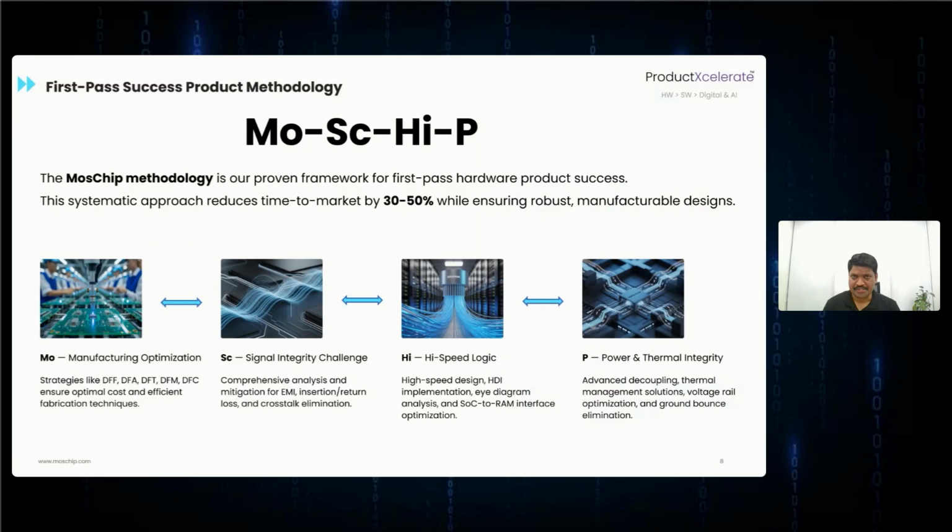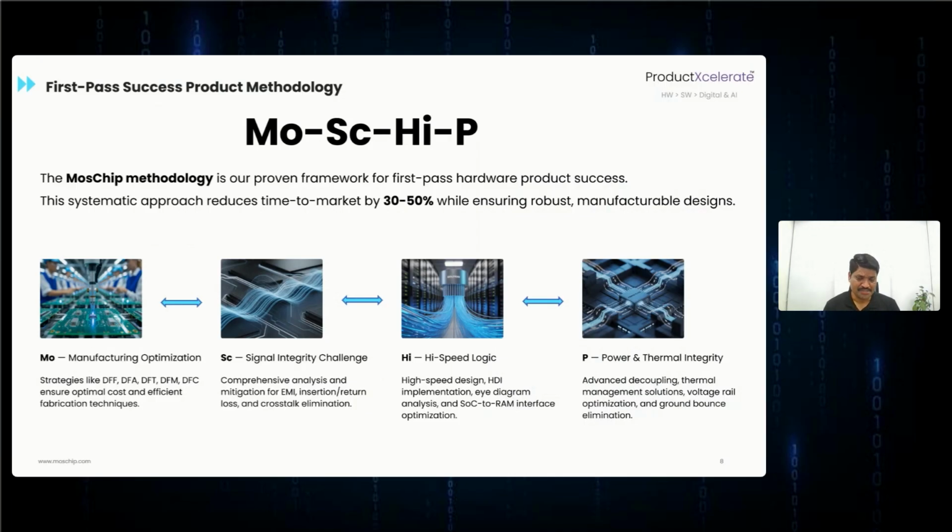Manufacturing optimization: engineers don't design a beautiful board that can't be built at scale. By following manufacturing optimization strategies like design for fabrication, design for assembly, design for testability, design for manufacturability, design for cost, with mechanical integration and meticulous cable harnessing, we ensure optimal cost and competent products.